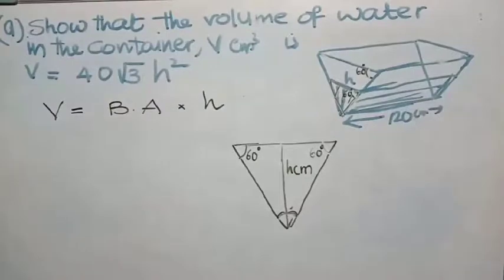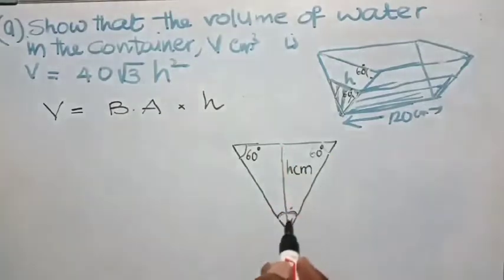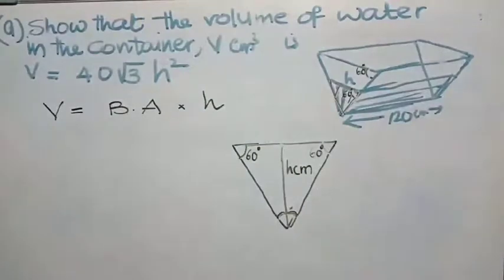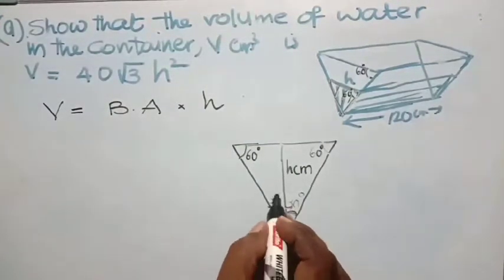In an equilateral triangle, a line perpendicular to the base will bisect the vertical angle and also the base. So this will become 30 degrees and this is also 30 degrees.